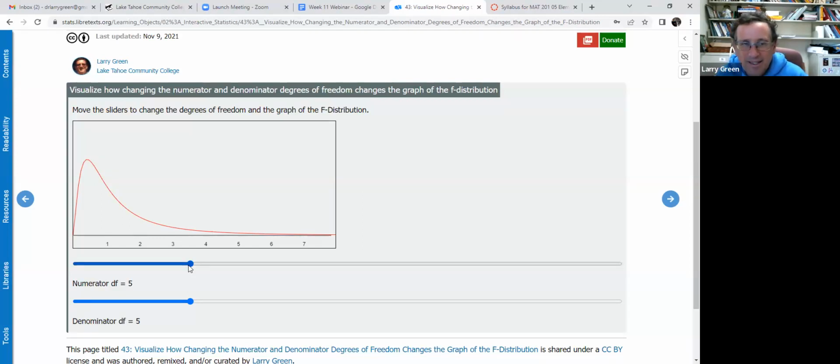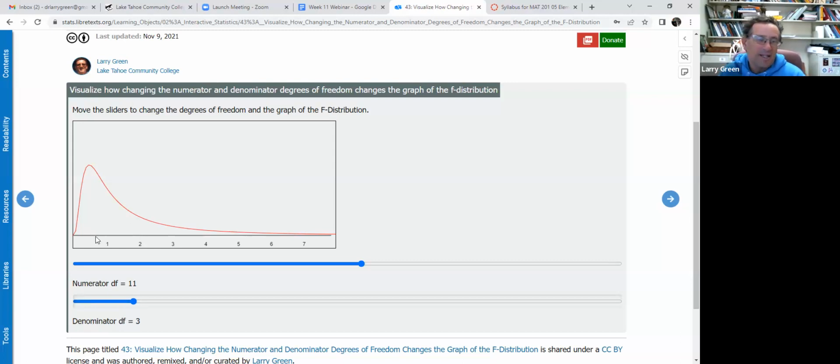And I'm not going to get into the details of that, but there's a numerator degree of freedom and a denominator degree of freedom. And if you have different degrees of freedom, it looks different. Okay. But you'll notice that it is a skewed right distribution. It's also unimodal. Hopefully you know what those words mean, because that was earlier in this course. So it's skewed right, it's unimodal. It's also always positive. You don't need to go past the y-axis to the left of it because there are no negative values. And that's what it looks like.